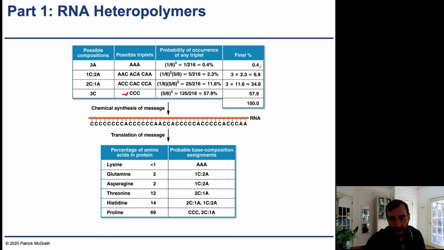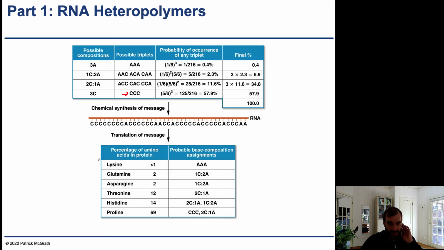And so now they run this reaction. They have these really complicated long RNAs. There's a large number of these. They have the ribosomes go, and then they see which amino acids are incorporated into the protein.